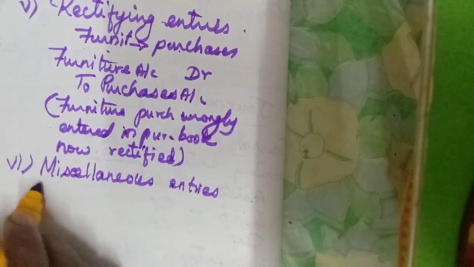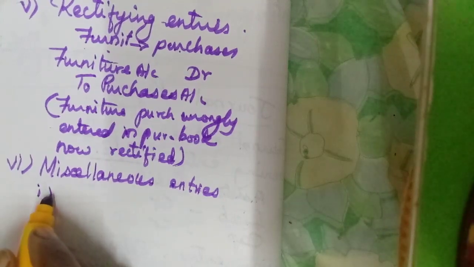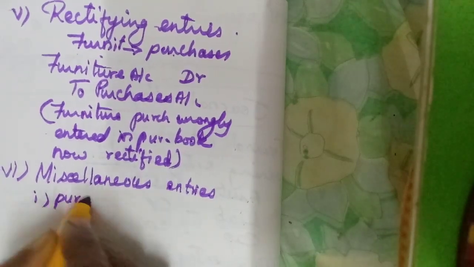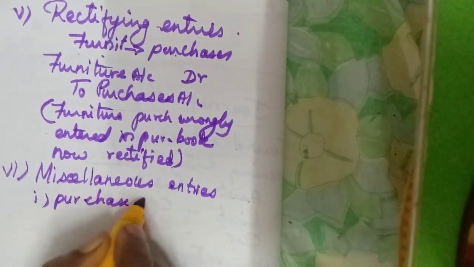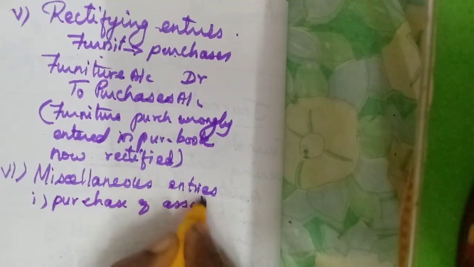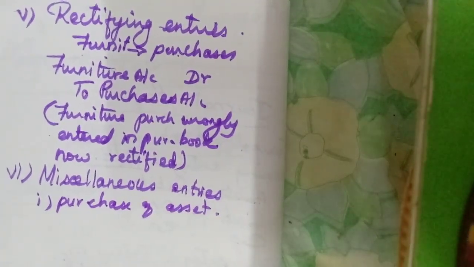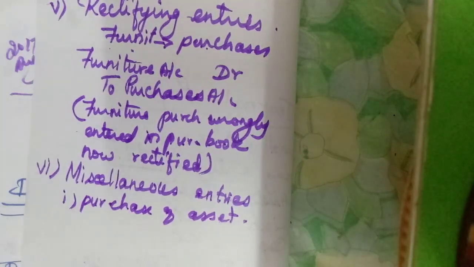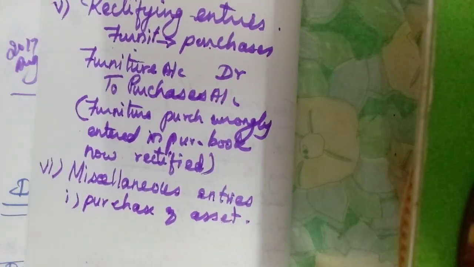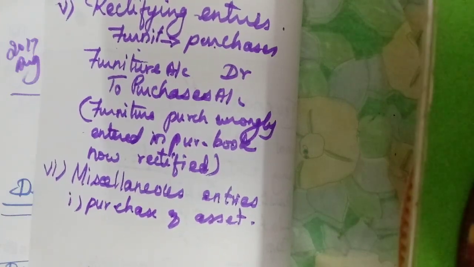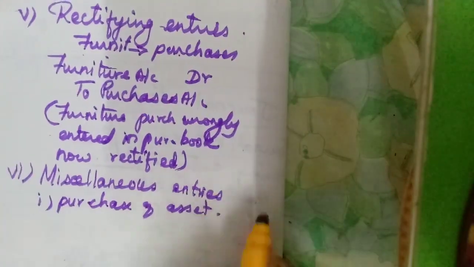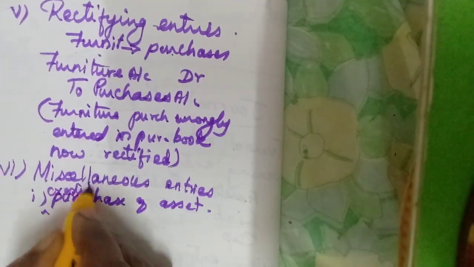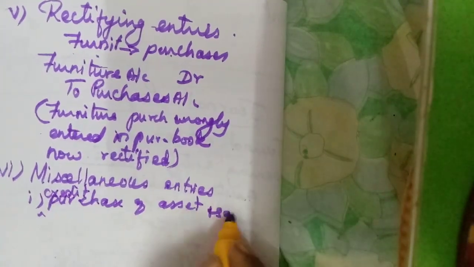That will be entered in the journal proper. Purchase of an asset, as we wrote for depreciation, we will not enter in any of the subsidiary books, but cash purchases of goods we will enter in the purchase book. So here, credit purchase and sale of assets.